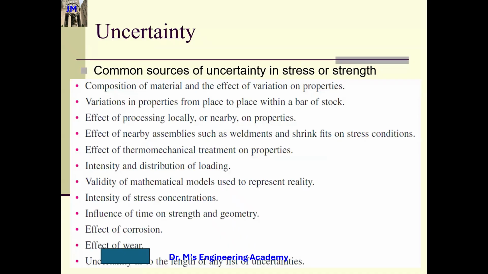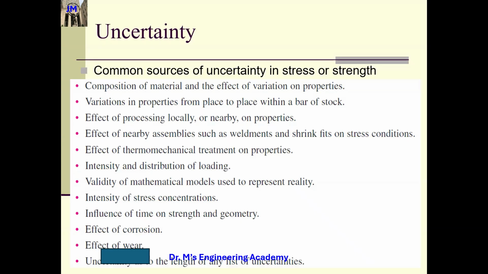So uncertainties. These are the common sources of uncertainty in stress and strength. First, the composition of material and the effect of variation on properties. Suppose we have a metal alloy, and nominally it is a combination of different elements, but actually, when people build these stocks, this is not the case.